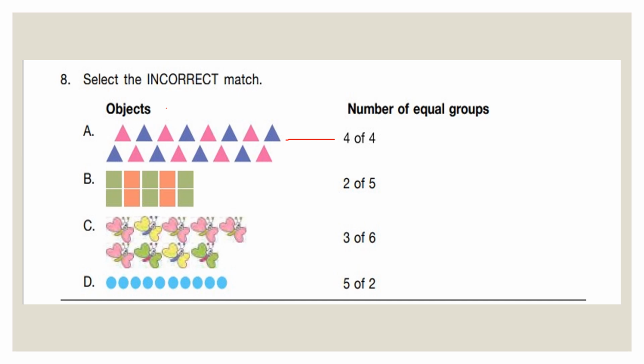This is correctly matched. In option C, there are 3 groups of 3 butterflies. That is incorrectly matched. So the answer is option C. Let's check option D. There are a total of 5 groups of 2 circles. So the answer is option C.